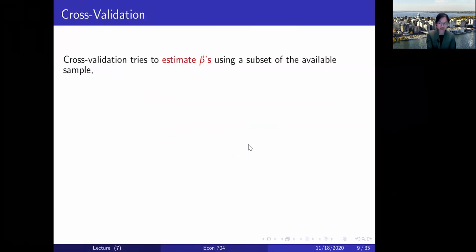It's going to try to estimate the beta using a subset of the available sample. So let's say your sample is y1, x1, y2, x2. Let's say there is only one x variable, so the notation is easier.